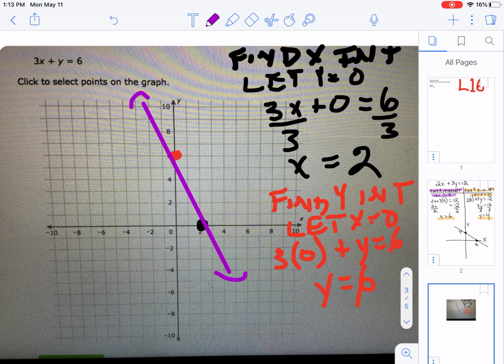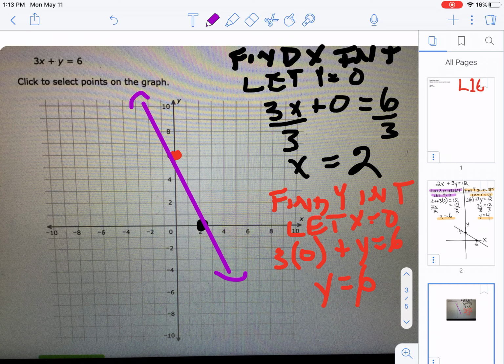So we have 22x plus 0 equals 15,400. We've got to get the x by itself, so we divide both sides by 22. So x equals, I don't know that number, I'm going to have to use my calculator. 15,400 divided by 22 is 700. X equals 700. So I put a dot there where x equals 700.